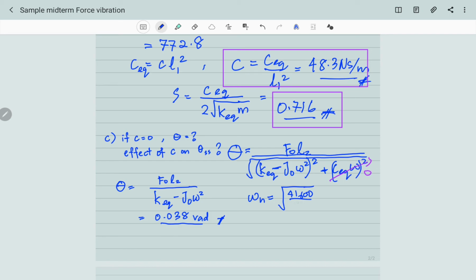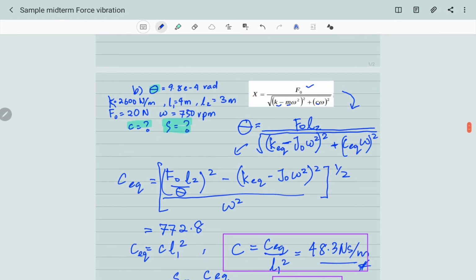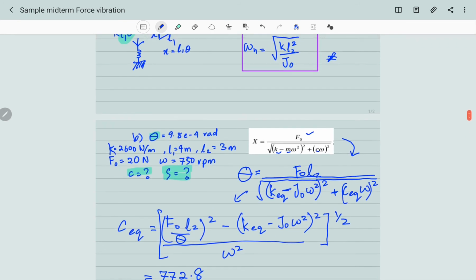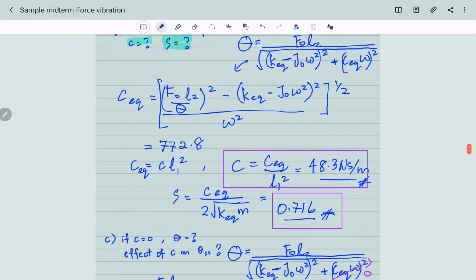Just now we gave it as an expression, but if you calculate, it's actually 77.09 radian per second. And for your omega, you have to change the 750 rpm by multiplying by 2 pi over 60. So your omega is 78.54 radian per second.